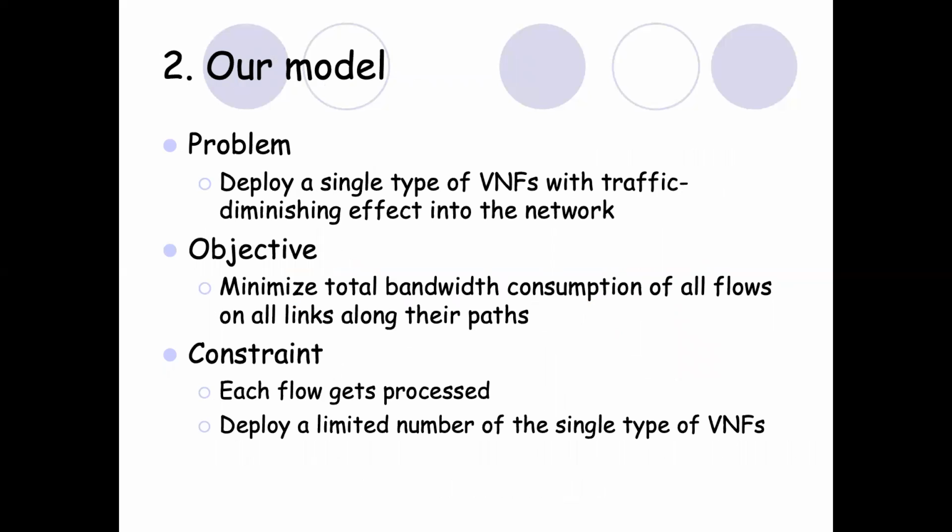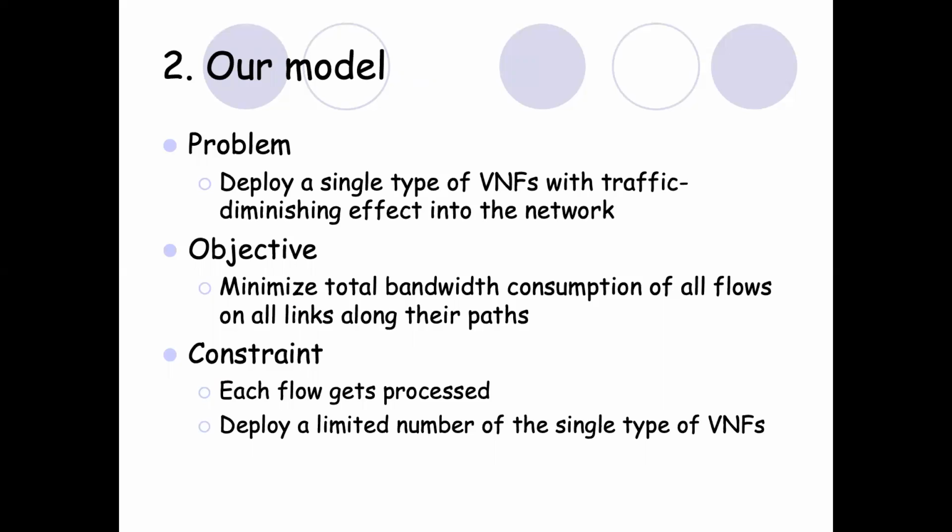In this paper, we address the placement challenge of middleboxes and propose solutions for middleboxes with traffic diminishing effects in order to minimize the total bandwidth consumption of all flows.